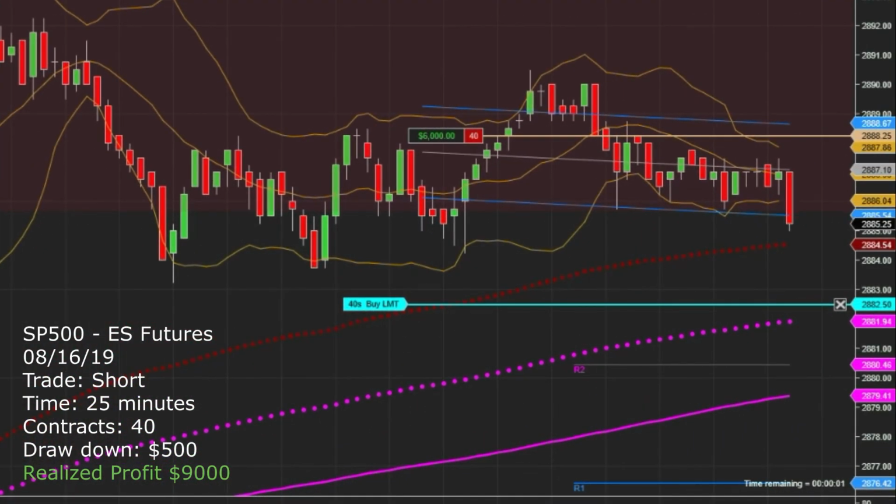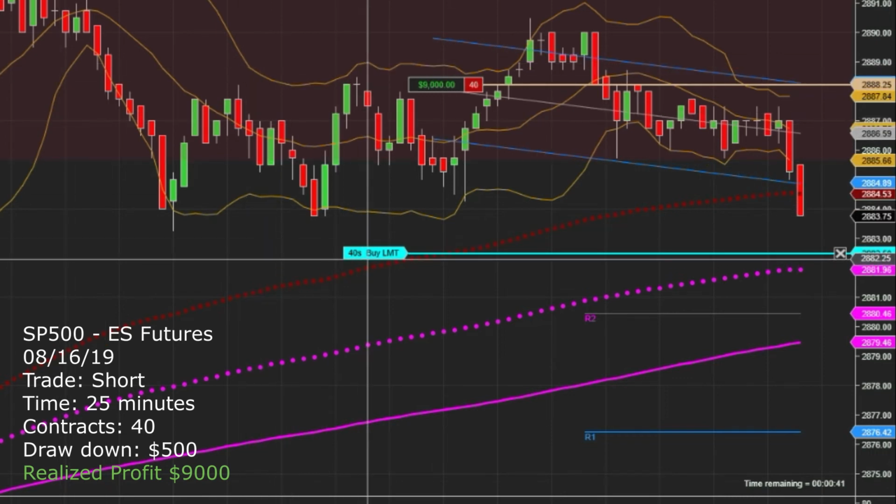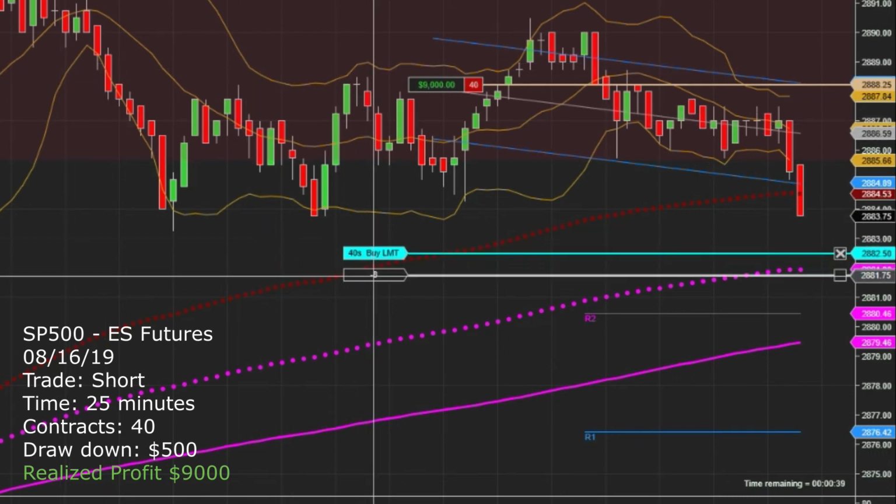We just had a good size move down. 20 contracts short, plus 20 contracts short, 40 contracts short total. And you can see with even just a fairly small move, what is considered a small move in today's market, look at the profit.